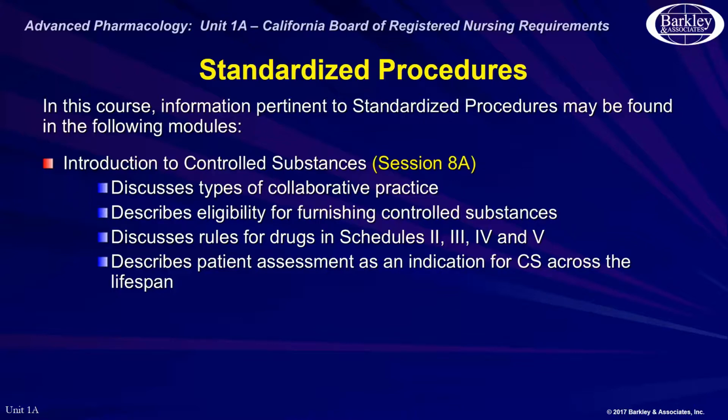All of those, again, very pertinent to standardized procedures, because again, the main focus of standardized procedures are the rules, the boundaries around which patients may get what, and what the role of the nurse practitioner is in furnishing those drugs to which patients.